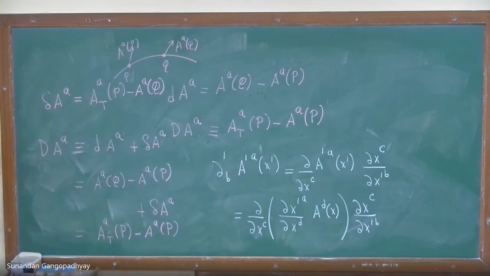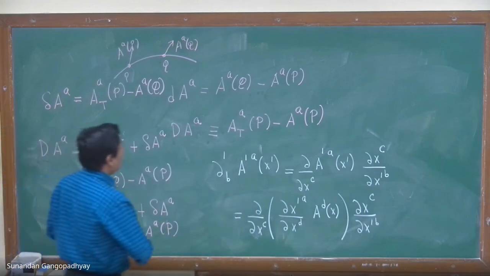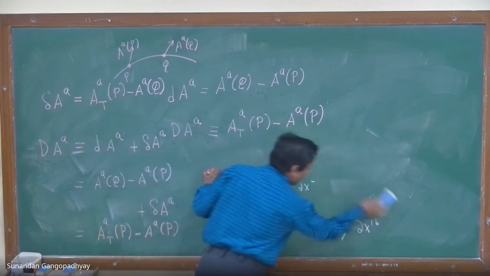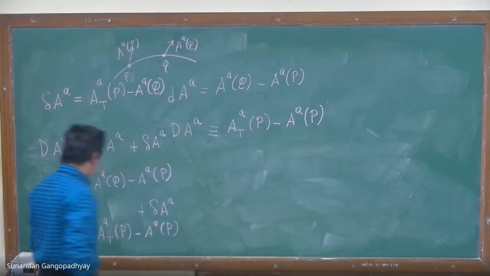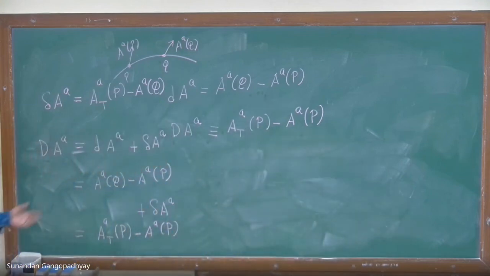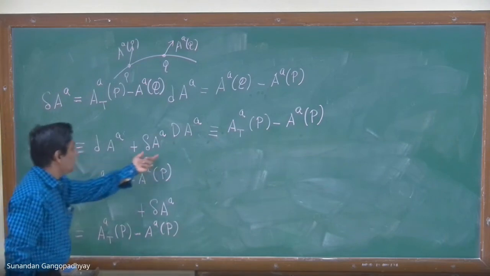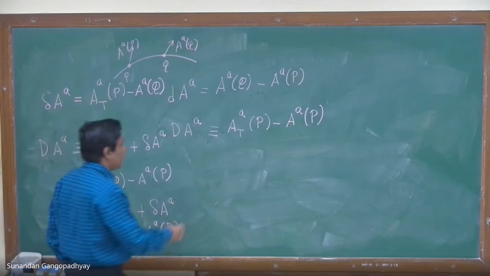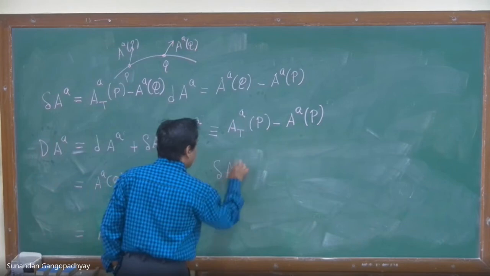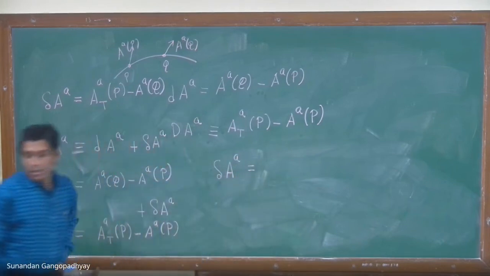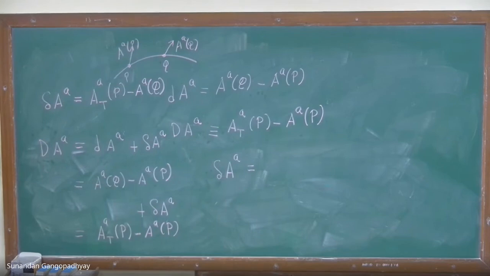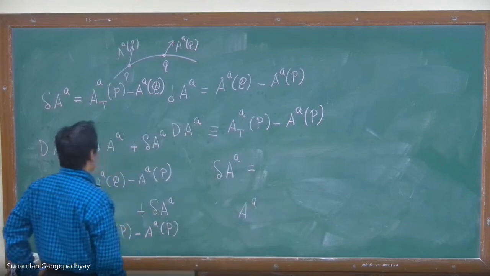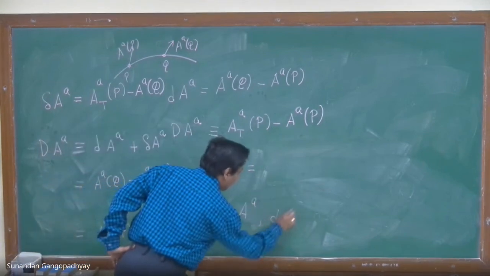Okay? Good. So far everything is fine. Now we have to provide a rule. We know what dA is, and we want this to transform in a tensorial way. So now we have to provide a rule. We will say that delta A^A is basically linear in both A^A and dx^B.